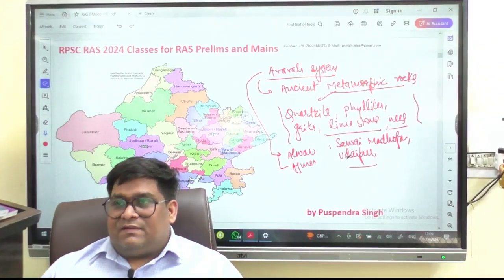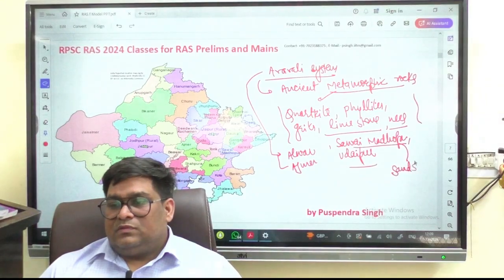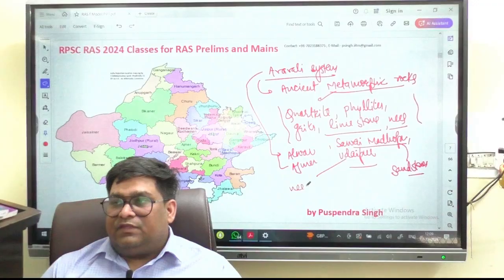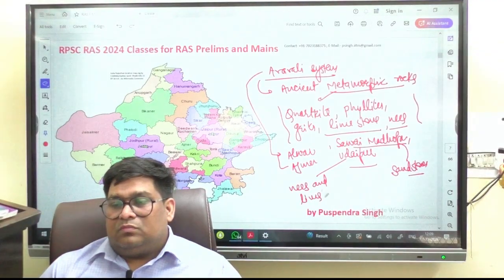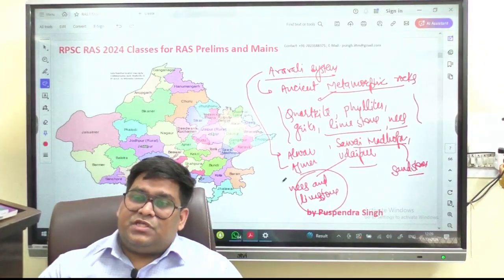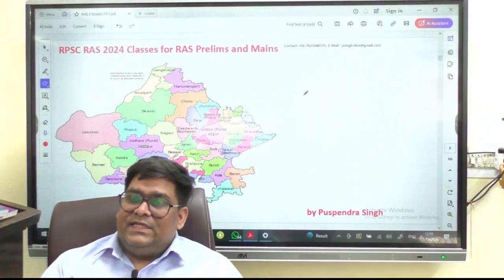Specifically in Savai Madhopur, you will have sandstones. In Udaipur, you would have gneiss and limestone. These types of extractions you can find specifically in the Aravalli system.